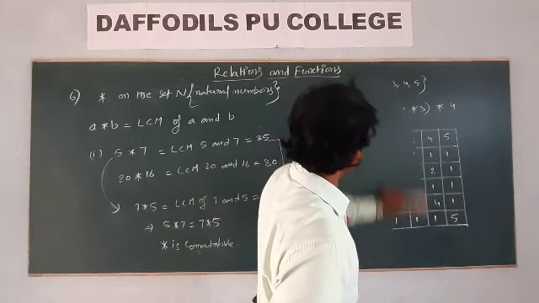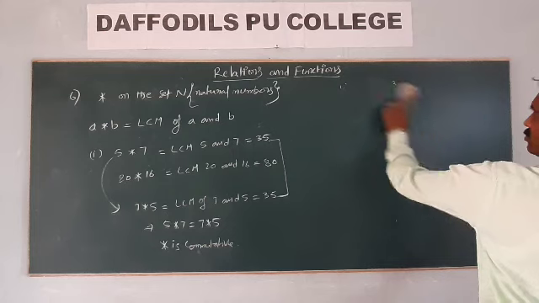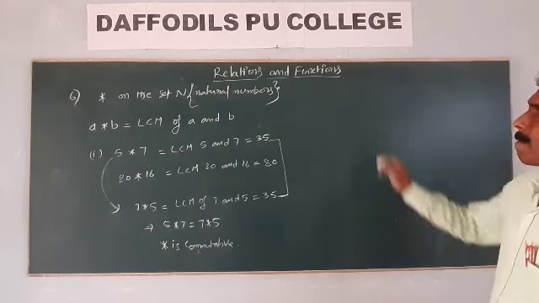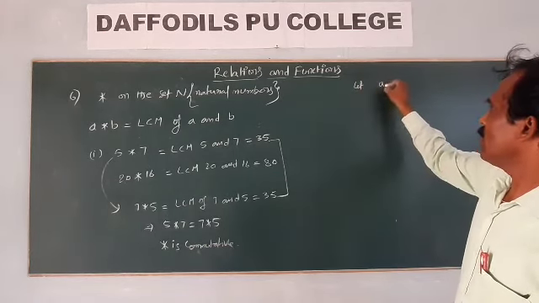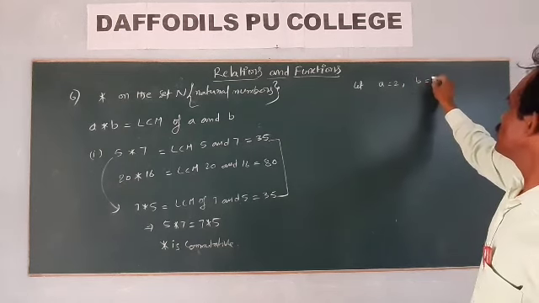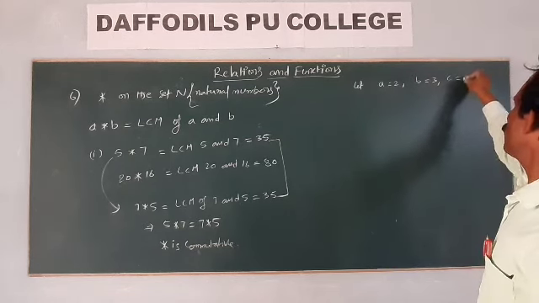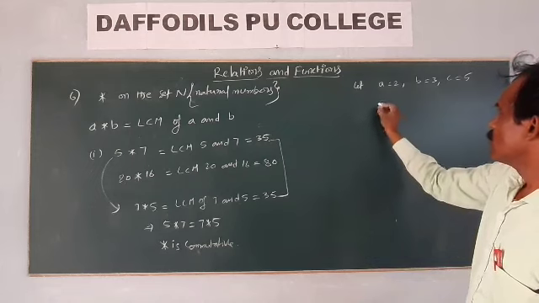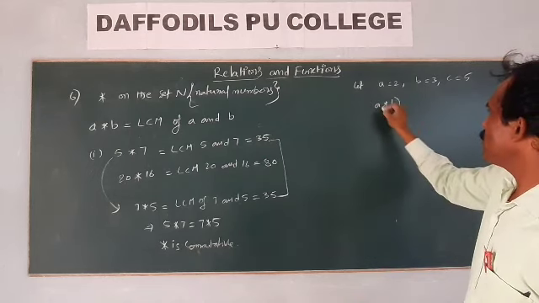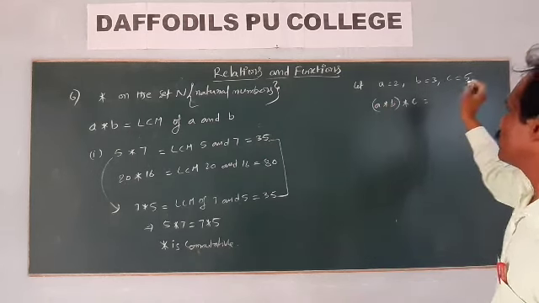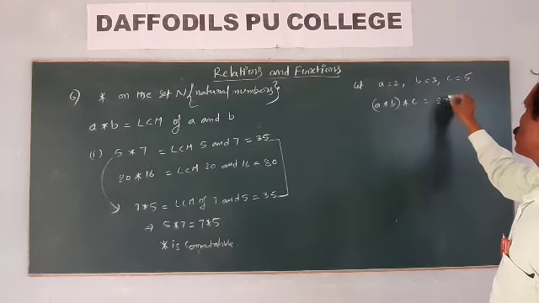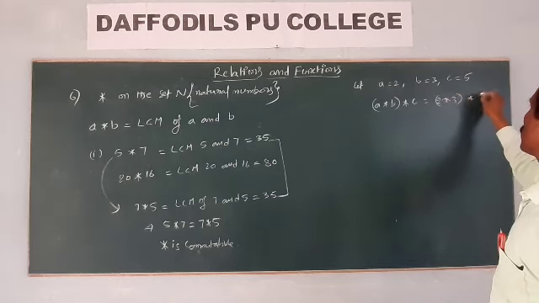Next, associative. Associative means we consider three numbers. Let A equal 2, B equal 3, C equal 5. Find first (A star B) star C, that is (2 star 3) star 5.